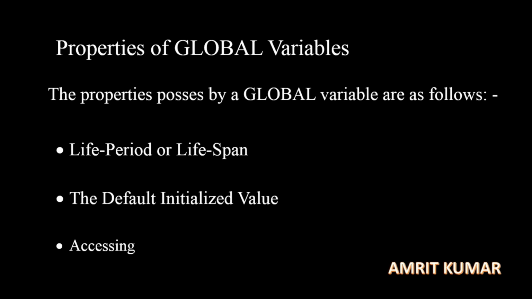As we have studied the properties of the local variable, now we are going to learn about the properties of the global variable. So these three are the properties possessed by a global variable.